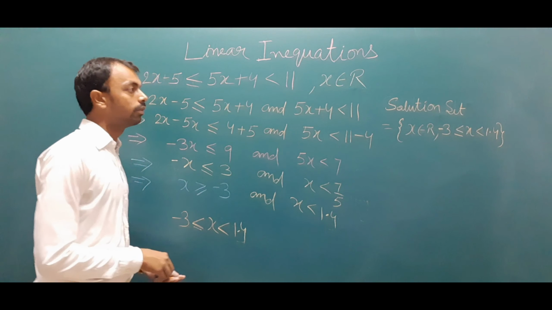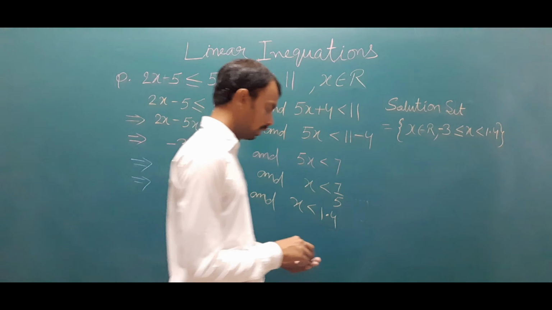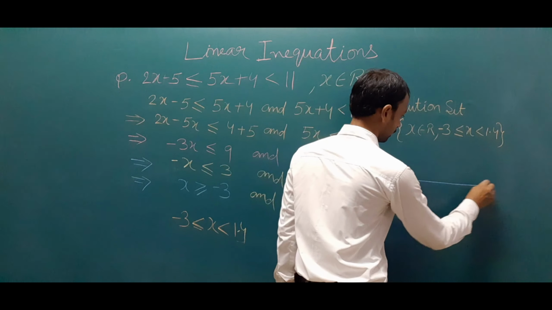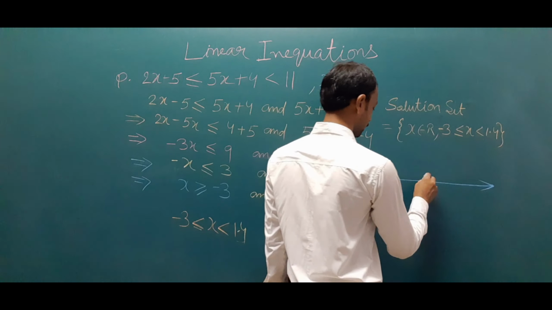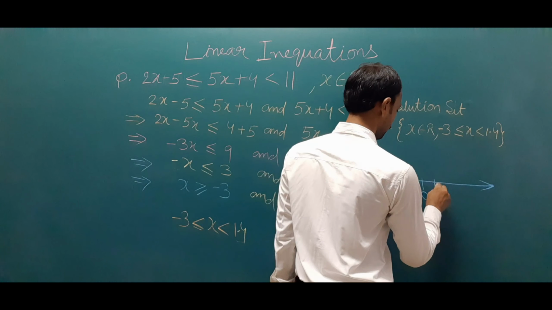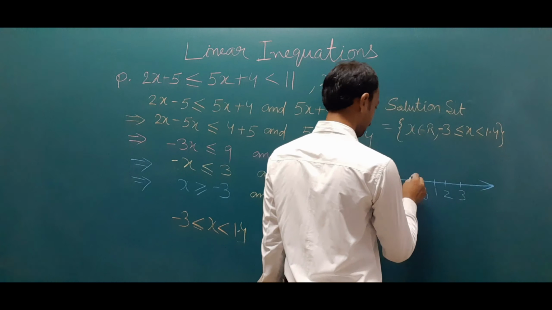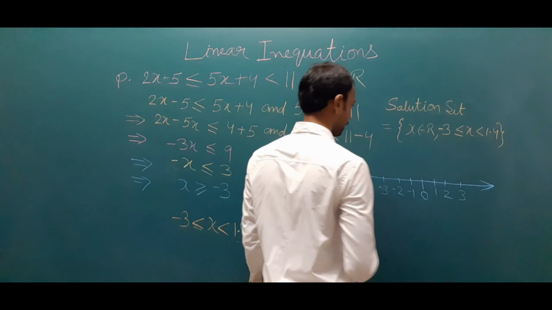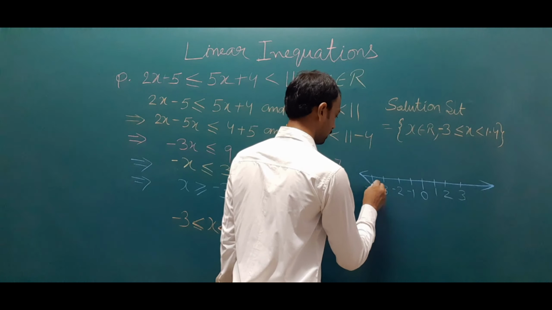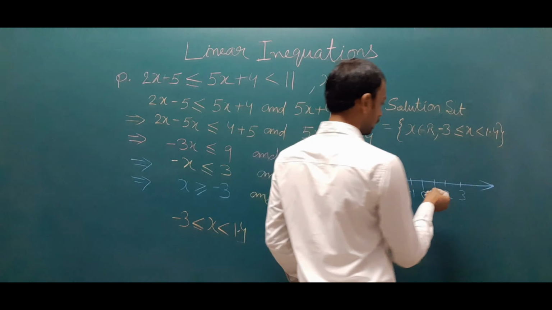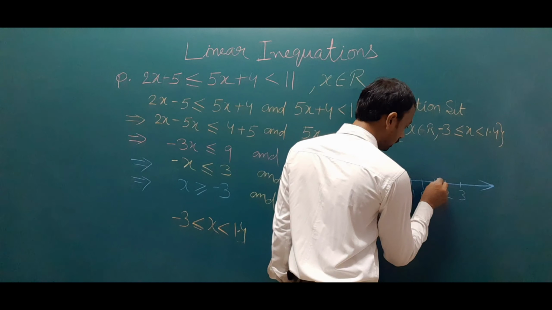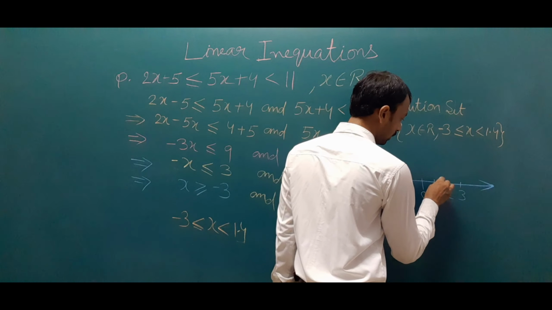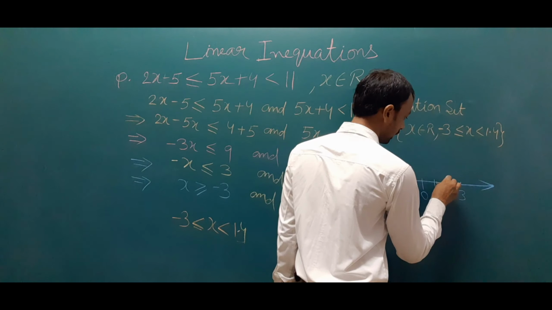Okay, now we will represent it on the number line. Now here it is 1.4, means we have to divide it into 10 divisions: 1, 2, 3, 4, 5, 6, 7, 8, 9 and 10.